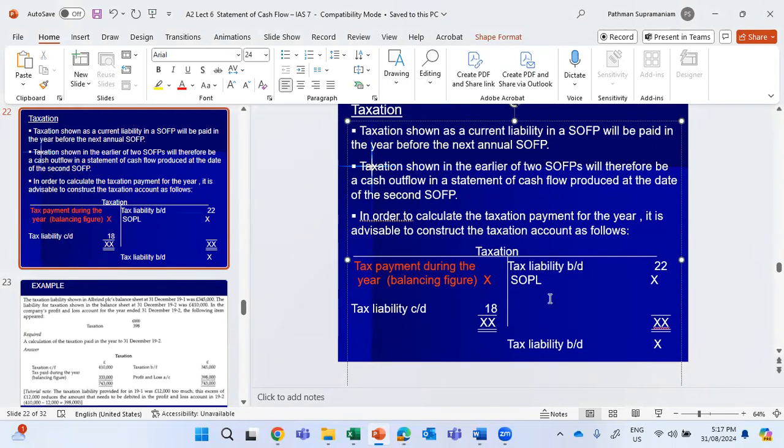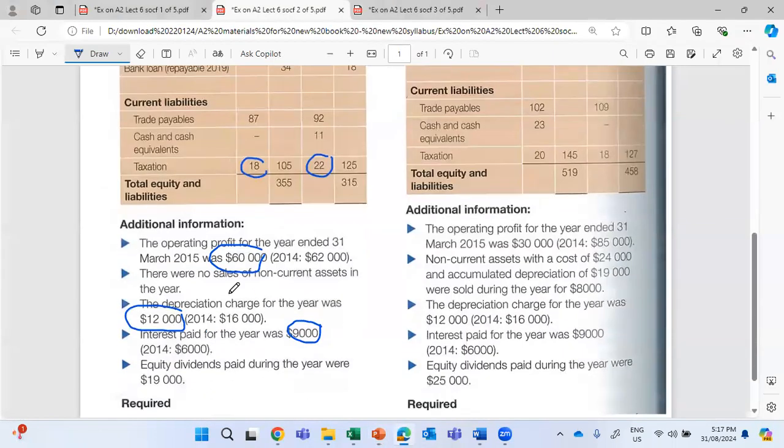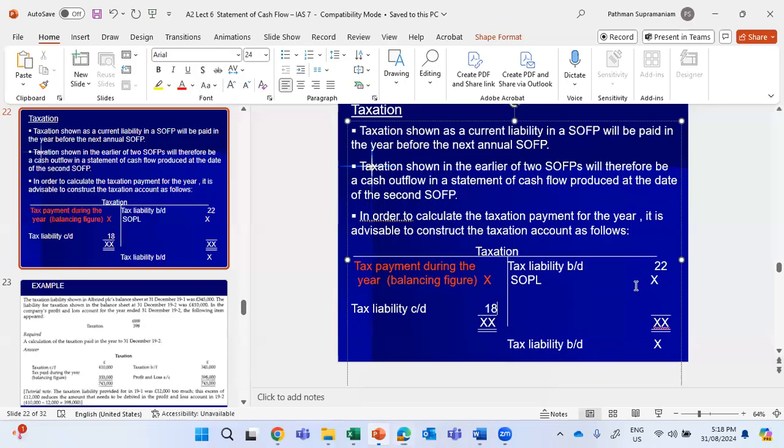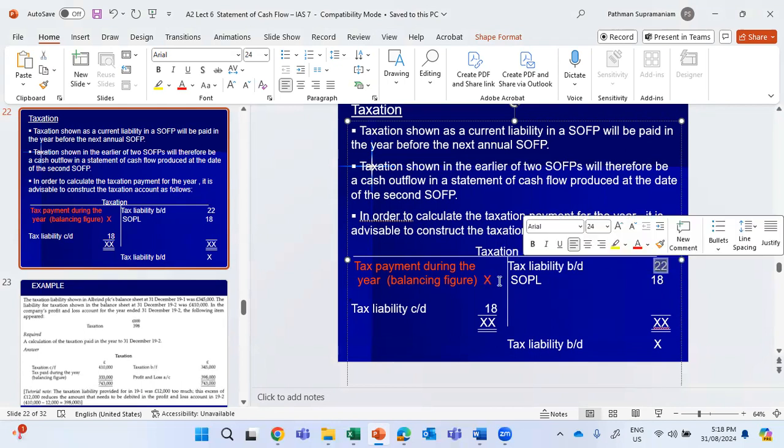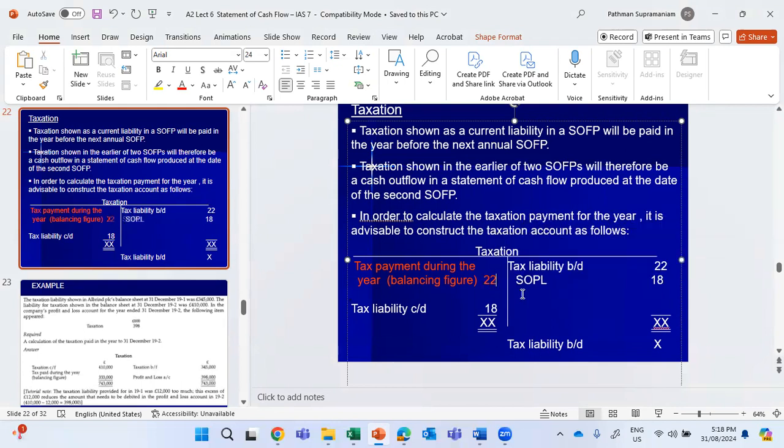For this question, they did not give you the statement of profit or loss figure. If it's not given, when the question just gives you the opening and closing liability, we always assume that the ending liability is this year's tax charge. Since the balance carried on is 18, the SOPL would be 18 as well. So what we are paying this year was last year's taxation. Hence the taxation paid will be 22.